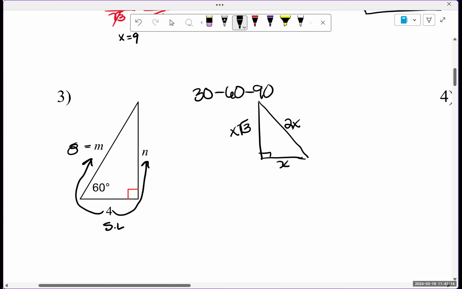And going back to the short leg, how much is the long leg? Is it 4 rad 3 or 8 rad 3? Always go back to the short leg: 4 rad 3.